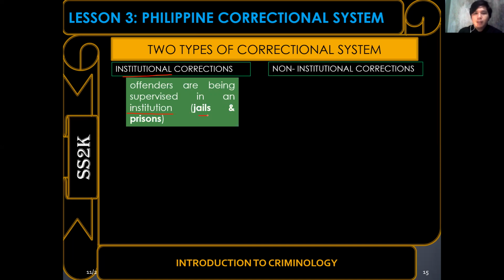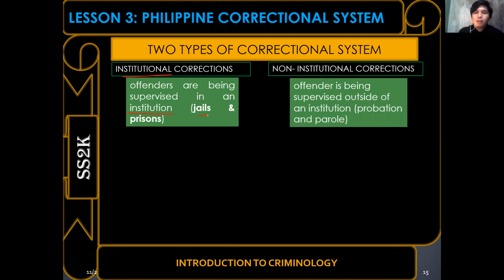At meron din po yung tinatawag na non-institutional corrections. When you say non-institutional corrections, offender is being supervised outside the institution. Okay, so nasa labas po siya ng kulungan. Okay, habang ini-enforce or habang durusahan or habang binubuno ang kanyang sentensya, nasa labas siya.